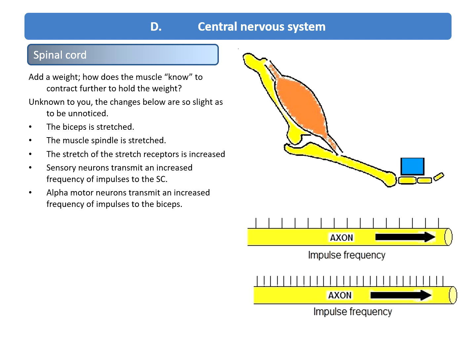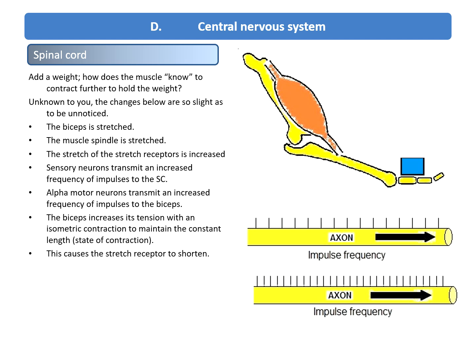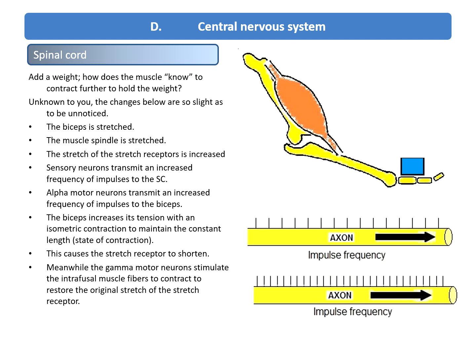The alpha motor neurons transmit an increased frequency back to the biceps muscle, and the biceps increases its tension with an isometric contraction to maintain the constant length, the state of contraction. This causes the stretch receptor to shorten. Meanwhile, the gamma motor neurons stimulate the intrafusal fiber to contract to restore the original length of the stretch receptors.